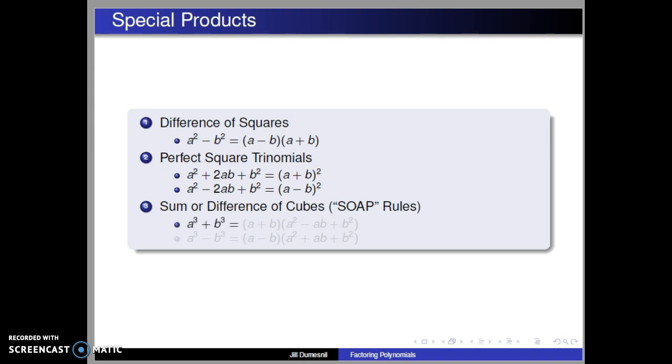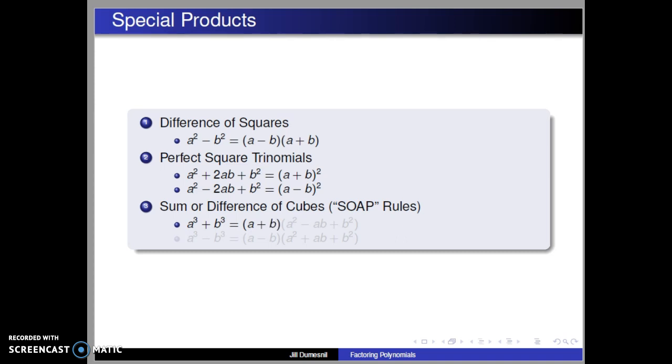To factor the sum of cubes, a cubed plus b cubed, we consider the two bases that are cubed. We get the first base a plus, which is the same sign, the second base b as one factor.